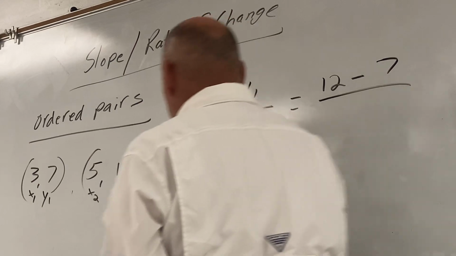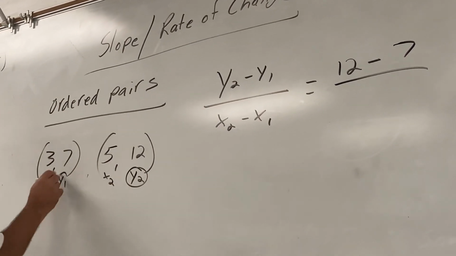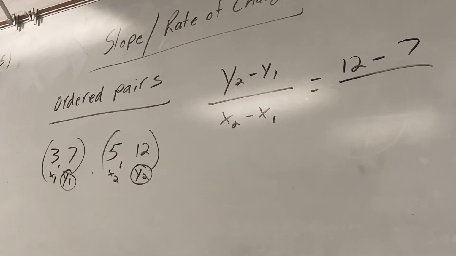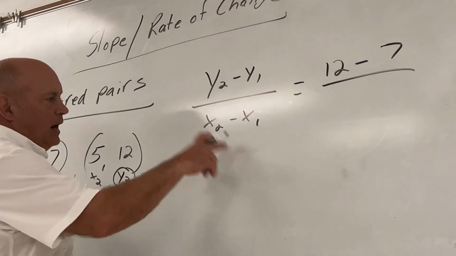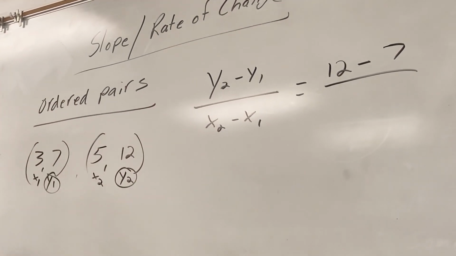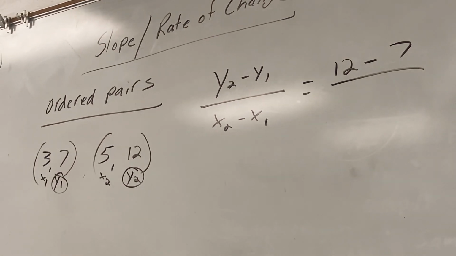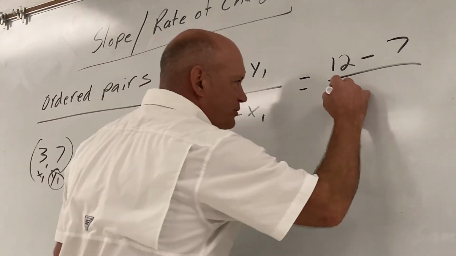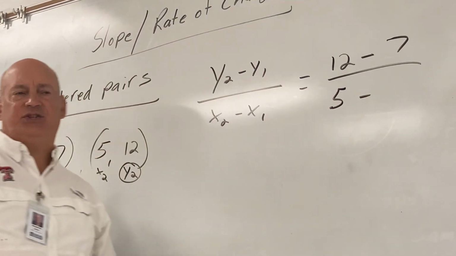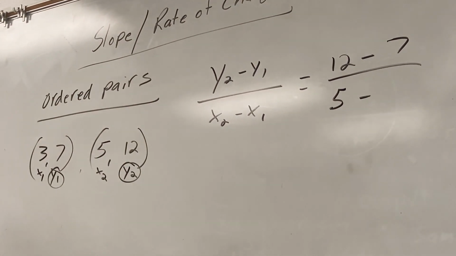I do too. So we've done y2, we've done y1. We are not using those numbers anymore. Some kids use the same number twice. Don't do that. All right, what's x2, Xavier? 5. And we're going to subtract x1. Jake, what's x1? 3.